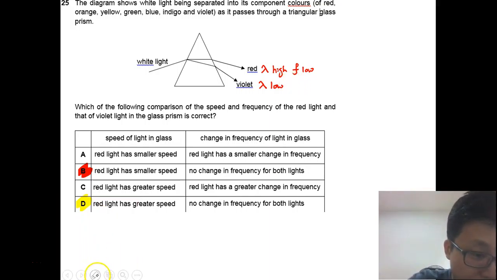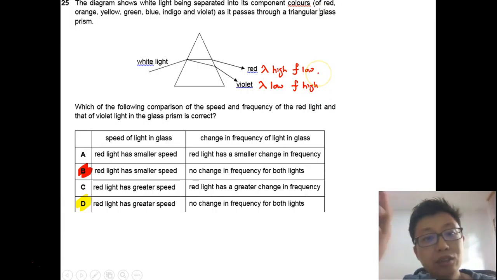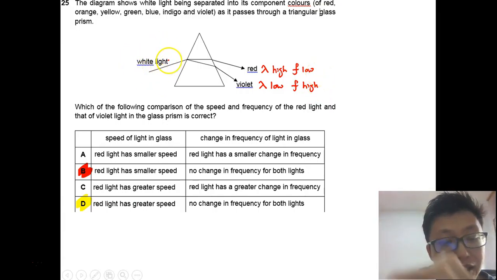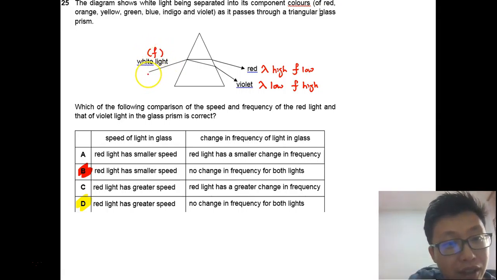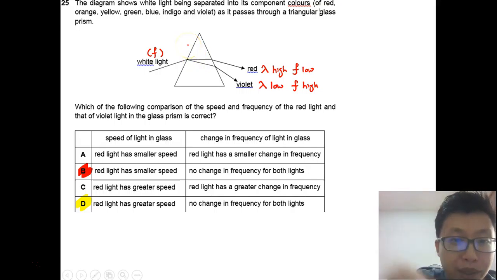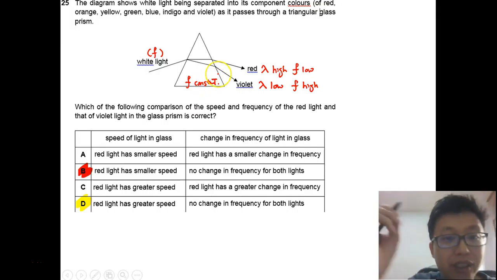Since you know that this white color light is produced by a source, it would have a certain frequency. And when your wave enters a different medium, this frequency will not change. The frequency will be constant.